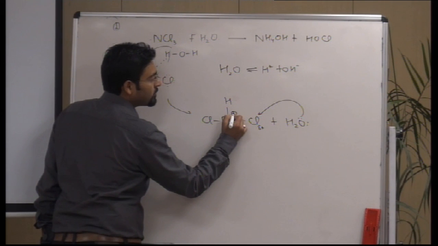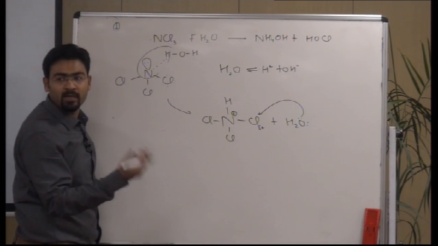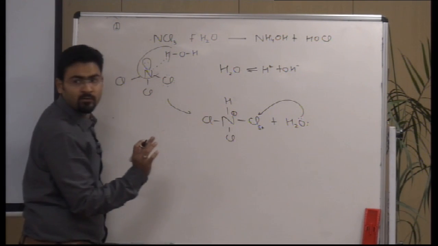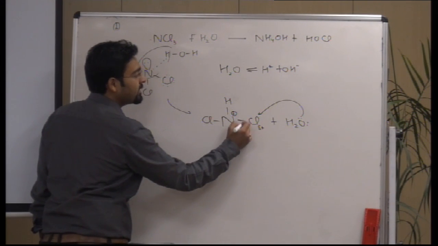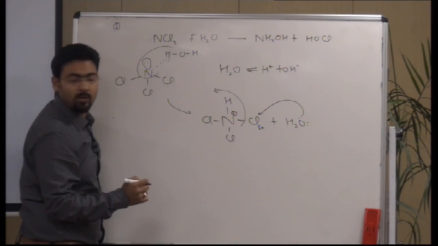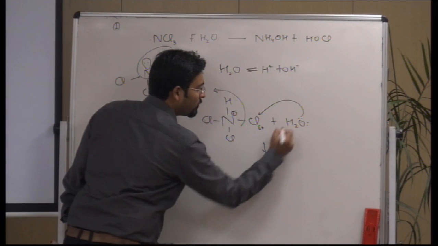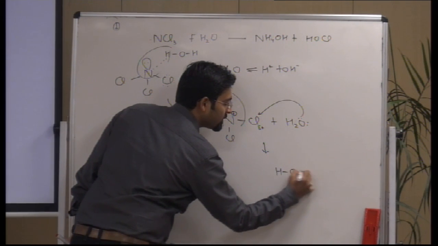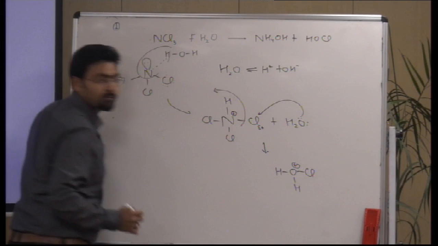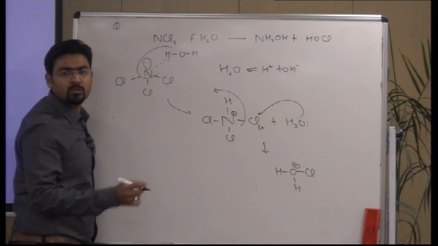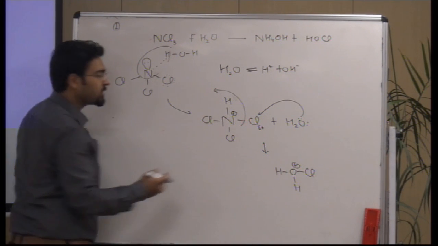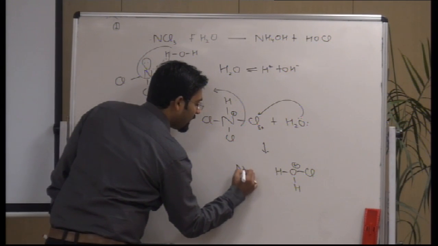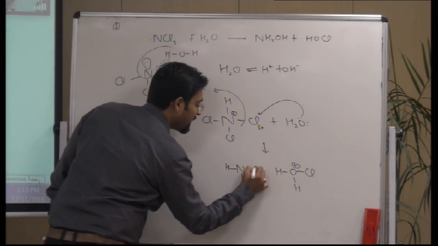And since nitrogen has a positive charge on it, its electronegativity will increase, and thereby this chlorine will be electron deficient. So oxygen will attack this chlorine, and thereby this bond will break, which means what I'll have is HOHCl plus. So this is like a nucleophilic substitution kind of reaction. And what I'll have is NHCl and a Cl lone pair.